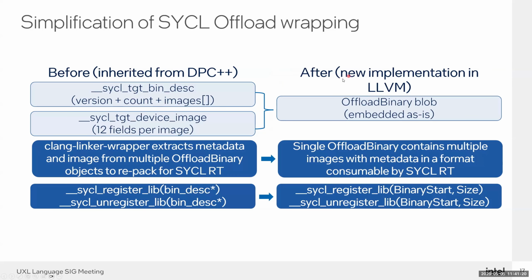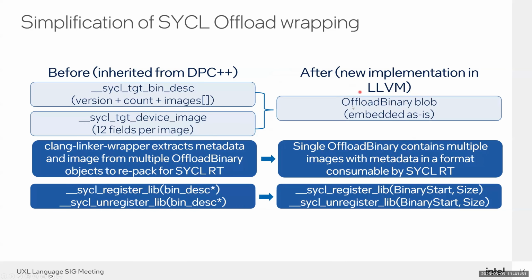So currently, Clang SYCL linker produces a single offload binary with all data embedded as is, and this single offload binary contains multiple images with metadata in a format consumable by SYCL runtime. So we are not producing any of these specific structures.